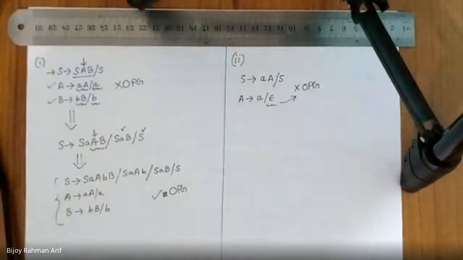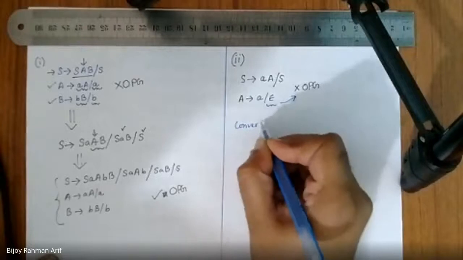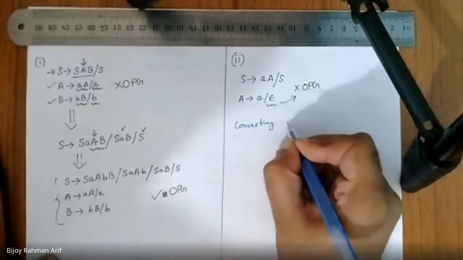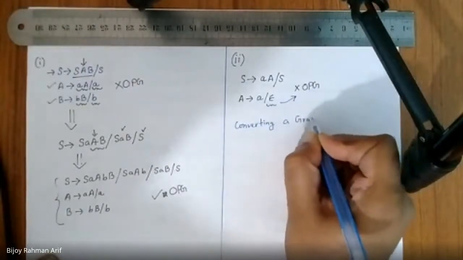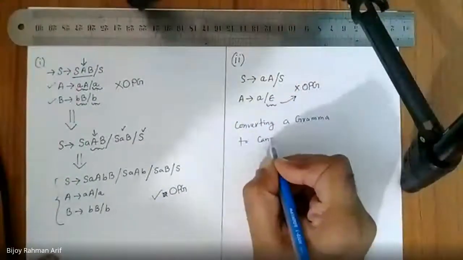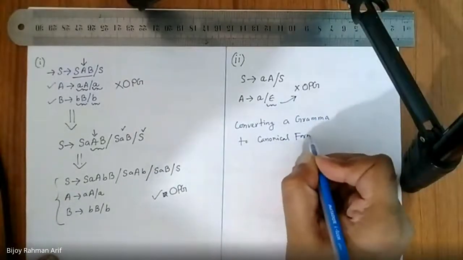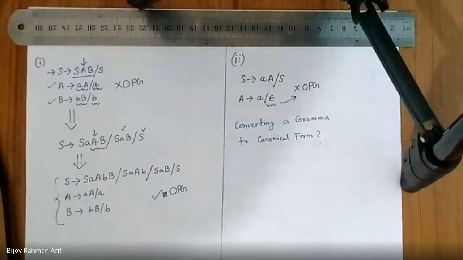Do you know how to convert a grammar to canonical form? Can you remember? Converting a grammar to canonical form. What is that called? What are those steps? What is that algorithm called? What is this form called?